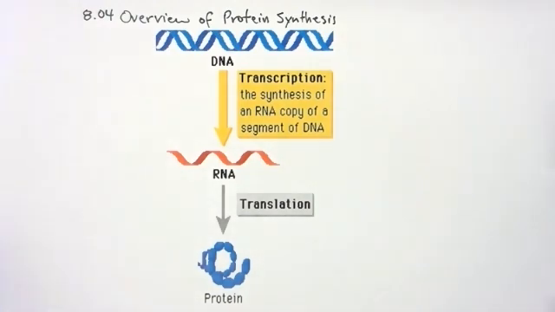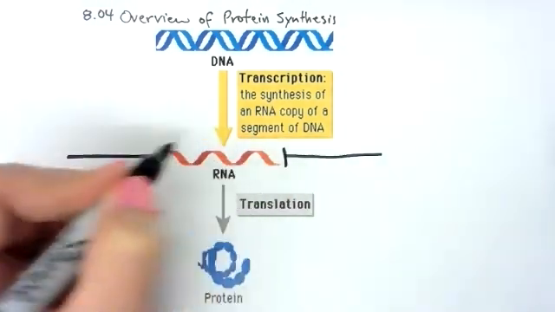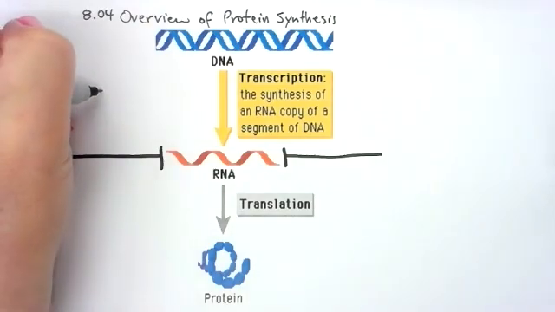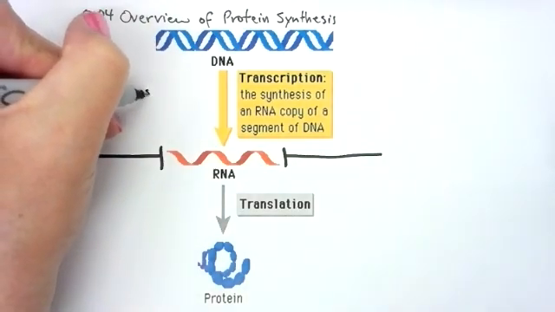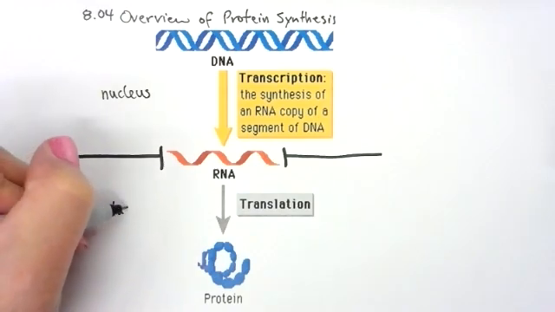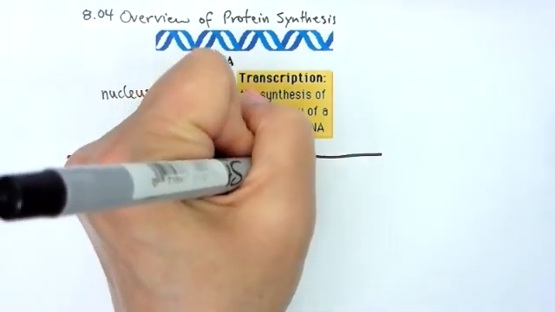So before we talk about this, let's make sure we understand where we're at in a cell. I'm going to draw a big black line here. I'm going to draw little lines here. So up above this line, this is the nucleus. This is going to be the cytoplasm. So that means that this line has to be the nuclear membrane.